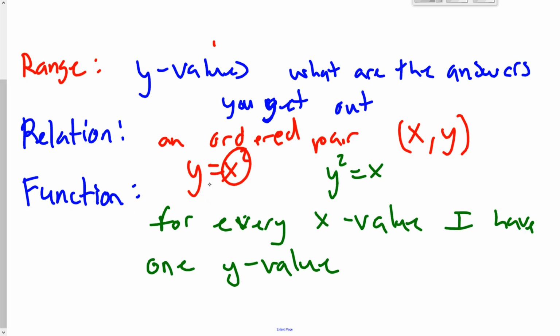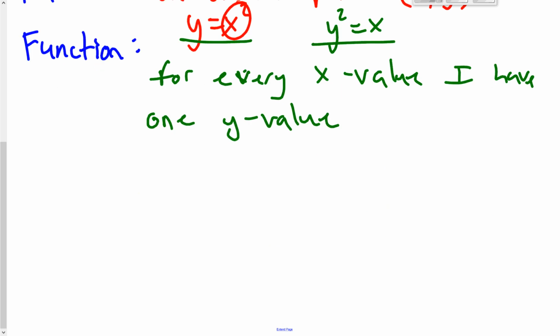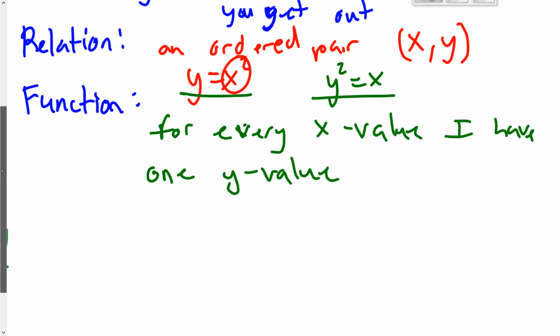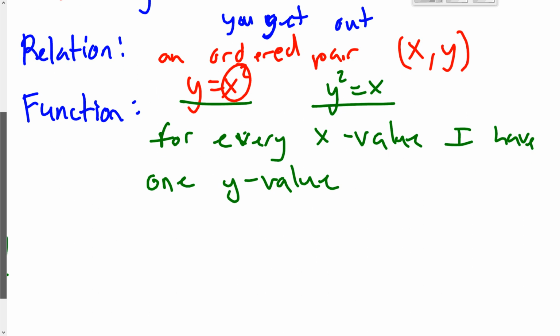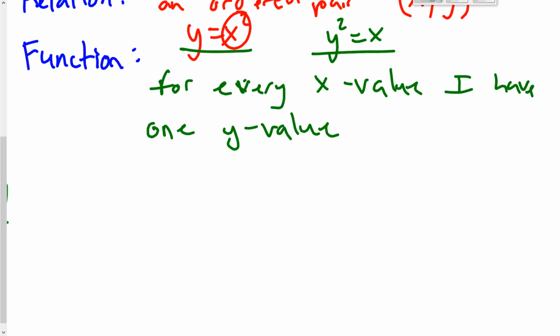So a lot of my equations, or sometimes what we call functions, are just relations. When we talk about an actual function, we ask whether it is a function or not. So every equation that has a y and an x in it is a relation. It's not necessarily a function, even though we call them functions. To be a true function, for every x value, there has to be one y value.